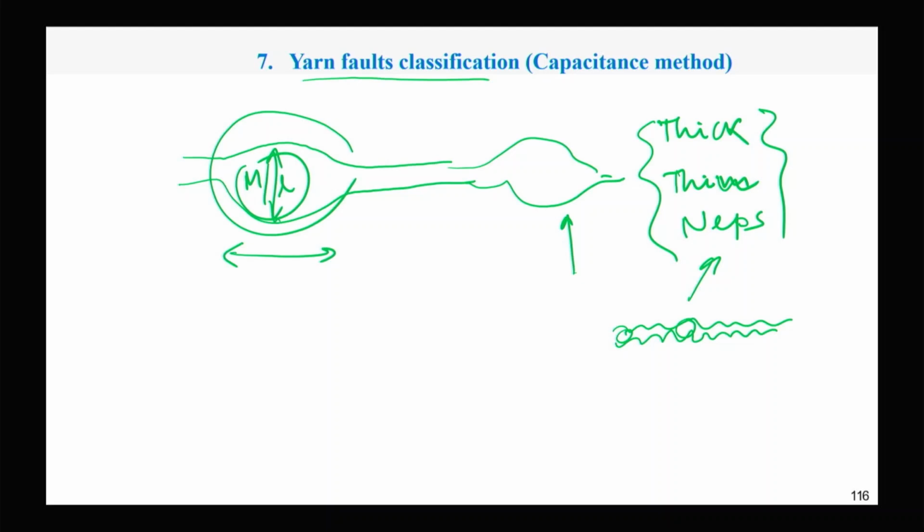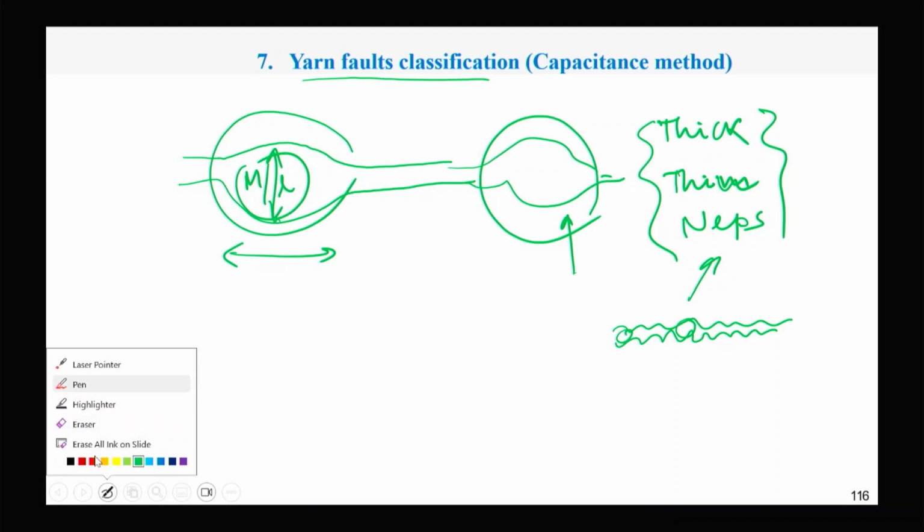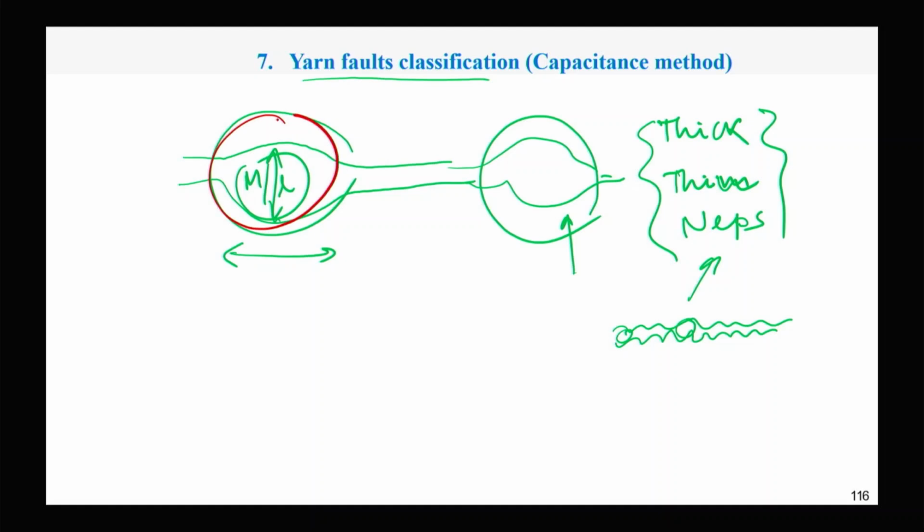In most cases, these faults are objectionable, and they have to be removed. If the fault remains in the yarn, this portion will affect the appearance of the fabric. Fabric will be rejected, unacceptable. So these faults are unacceptable.